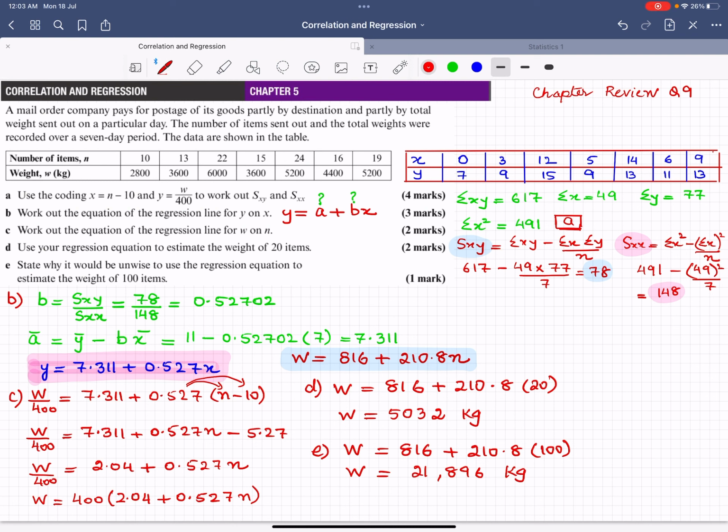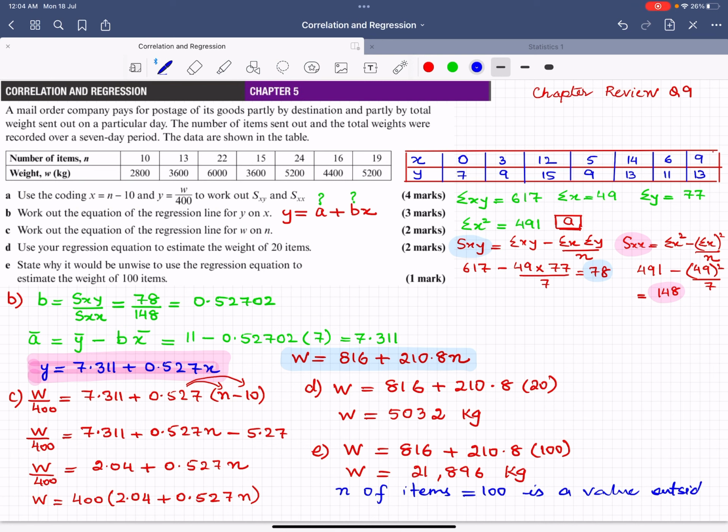So we will write the answer here. Number of items equals 100 is a value outside the range.